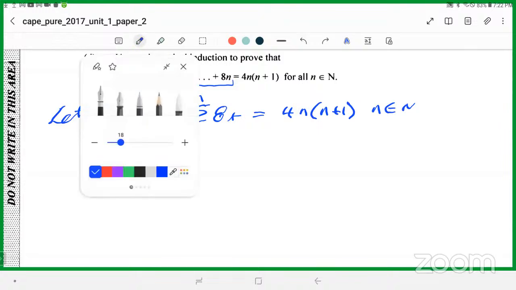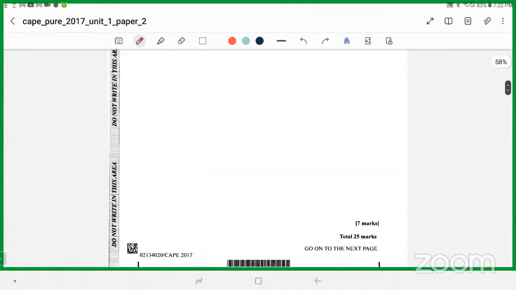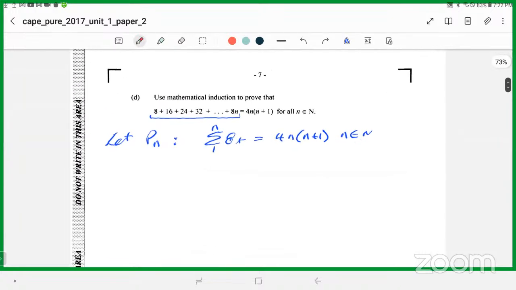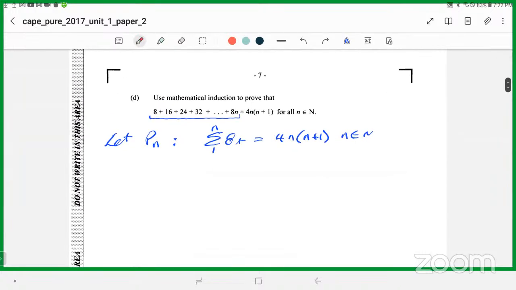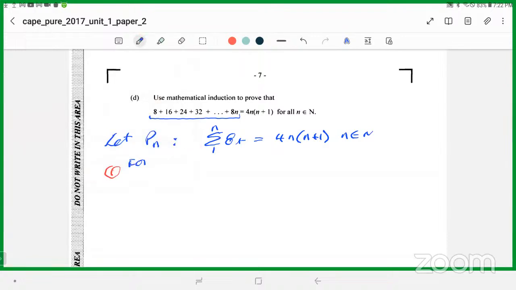Then it's the same process. Let me see how much space to give to work. All right, I give a whole page. Step 1, which is for n equals 1. You're going to show the left side and the right side are the same. The left-hand side, because it's a summation type, is 8 times 1, which is 8.